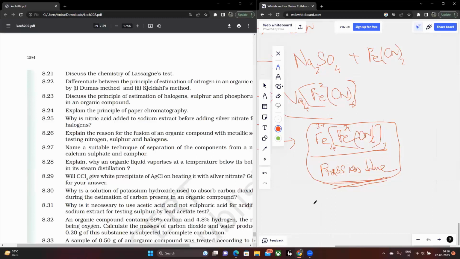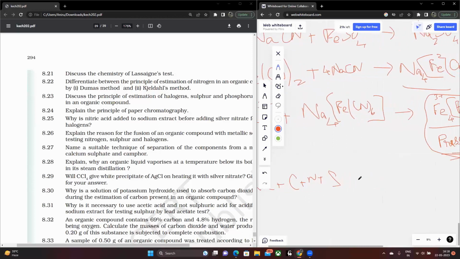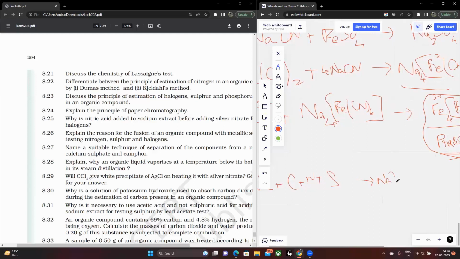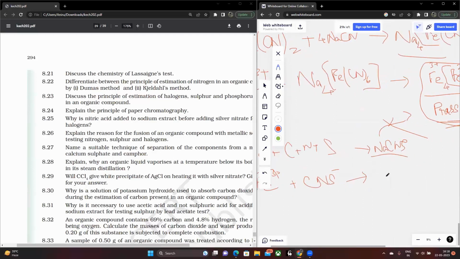One important thing to note is that if the compound contains both nitrogen and sulfur, instead of NaCN forming, it forms NaCNS, thiocyanate. Then the Prussian blue precipitate will not form. But on reaction with Fe3+, it generates Fe(CNS)3, which is a blood red coloration. I'm sorry, it's not a complex.